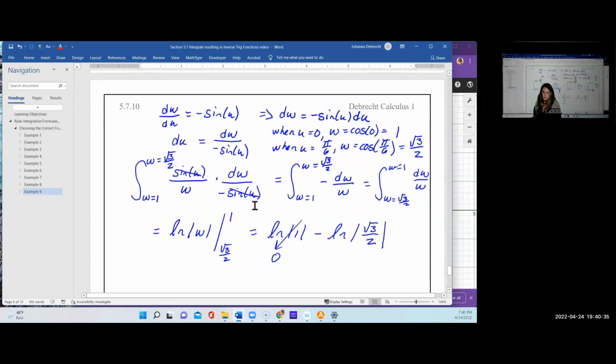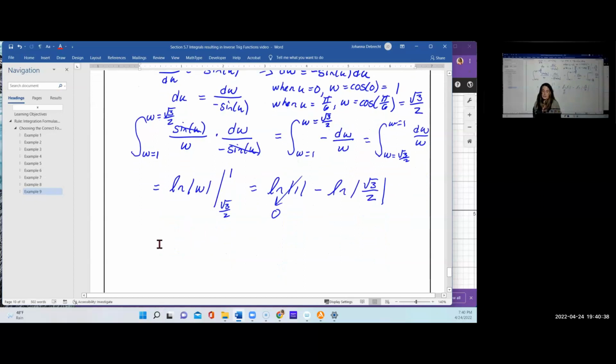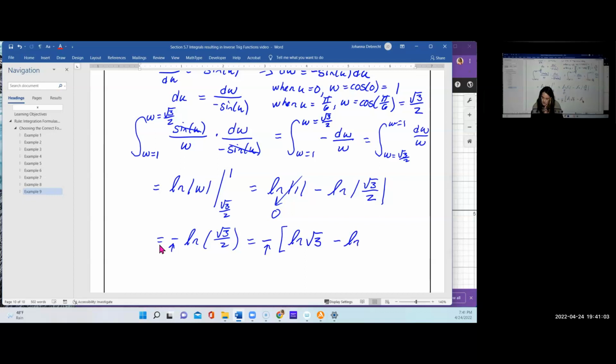The absolute values can be dropped, and I can write this also in terms of a difference. Remember that when you have division in the argument to a natural log, it becomes subtraction of the factors. The negative on the front is going to stay on the front. And then I have the natural log of the square root of 3 minus the natural log of 2. If I distribute the negative, I can then write that this is the natural log of 2 minus the natural log of the square root of 3.